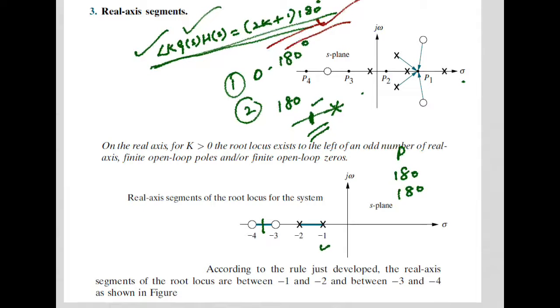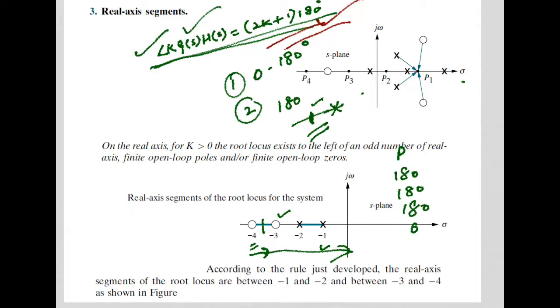For -3 we have 180 degree, and the contribution of -4 in this case is 0, because the point is to the right of it, that is the arrow here and the second arrow here. So the angle in this case is 0 degree.